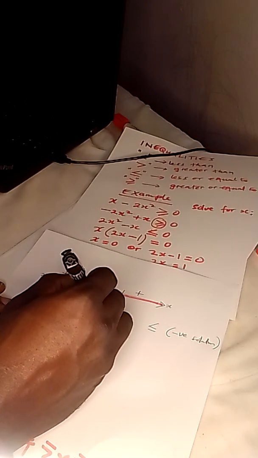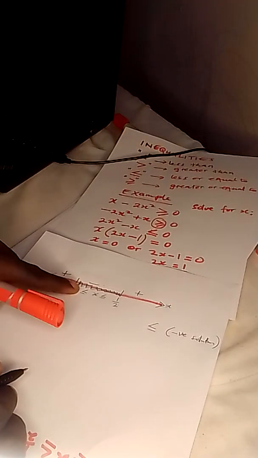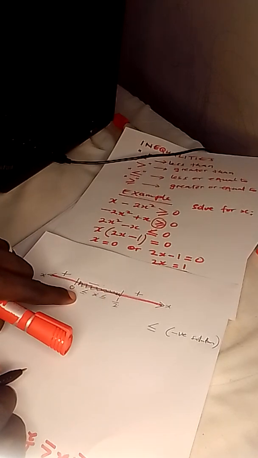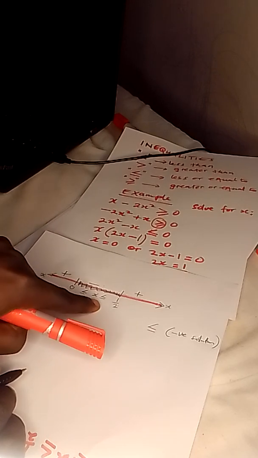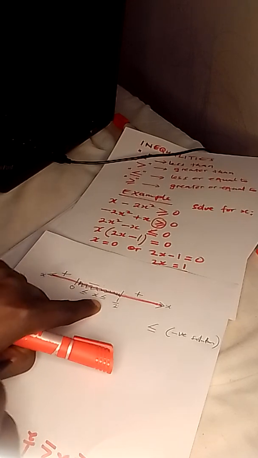It means your answer lies between 0 and this half. So in this case, you can say 0 is less than or equals to x, and x is less than or equals to half. Guys, we don't change these signs when you are putting them. Most of you, your mistake is that you put less than or equals to here. When you come here, you change it and use the opposite sign. It's a wrong thing.